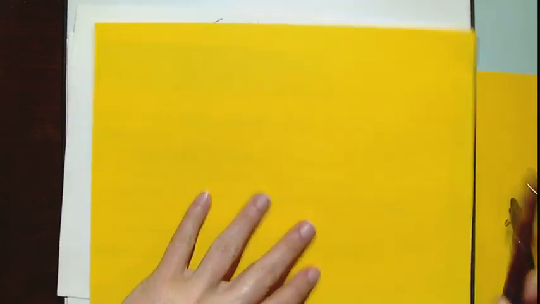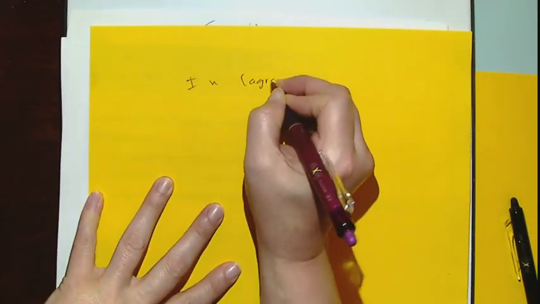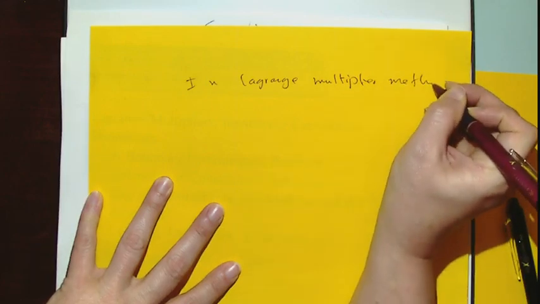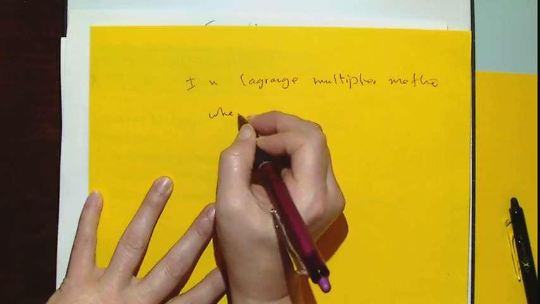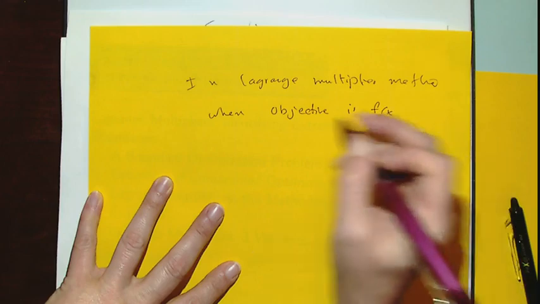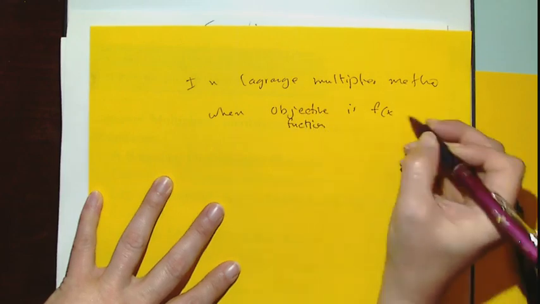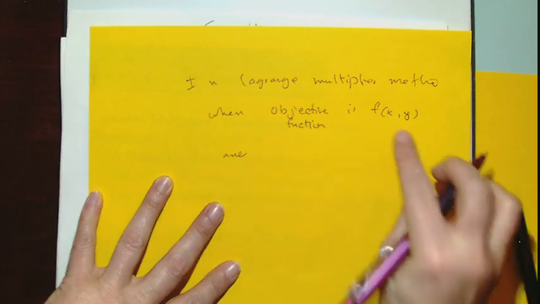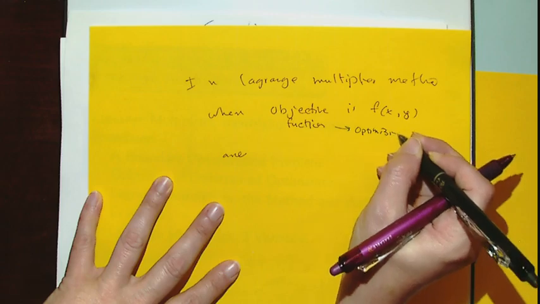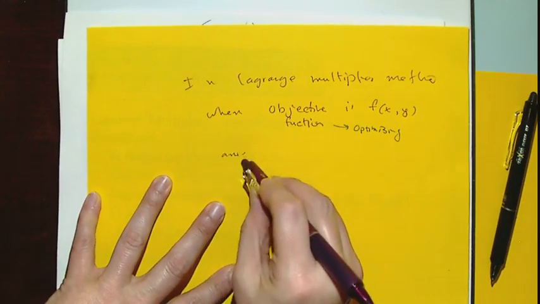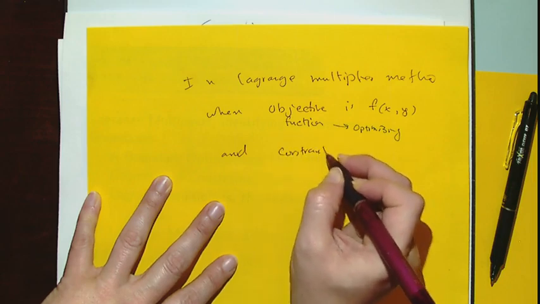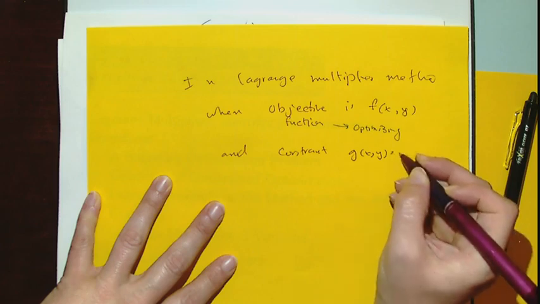So in the Lagrange multiplier method, when the objective is f of x and y, the objective function, that's the one that you're optimizing, and the constraint is g of x and y equal to k.